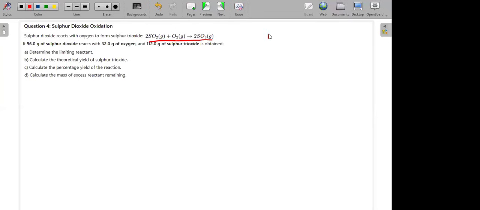Here the mass of sulfur dioxide we are given is 96 grams. This is mass, not moles. And then the mass of the oxygen has been given as 32 grams.